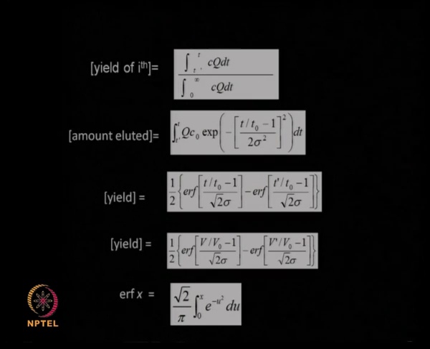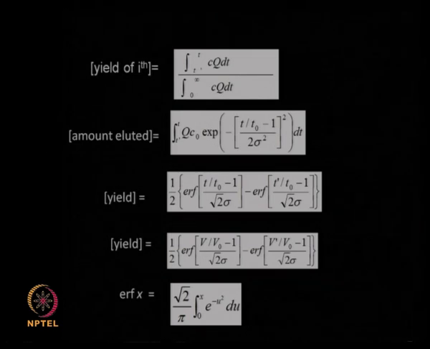A protein may be present in different locations inside the column, but you are just collecting between time t dash and t, assuming that t naught is the time at which the protein maximum concentration is observed and t naught lies between t dash and t.